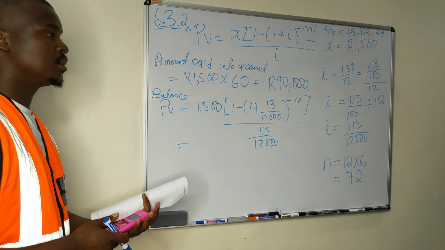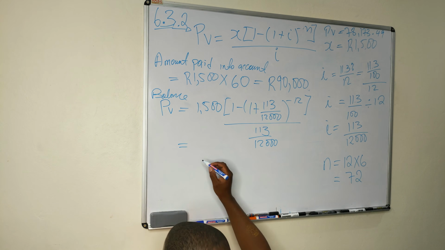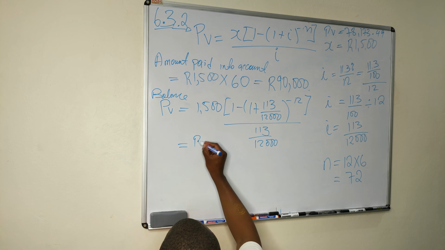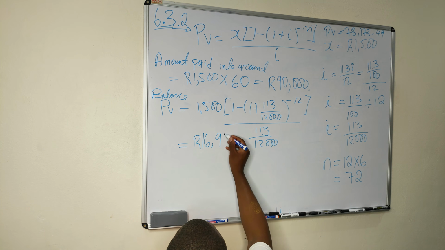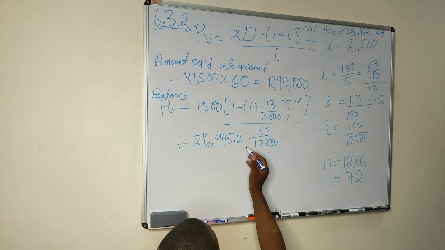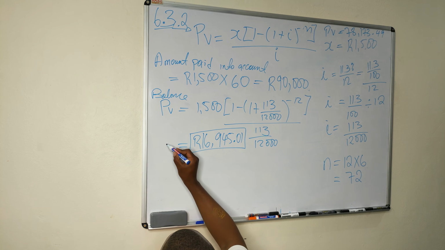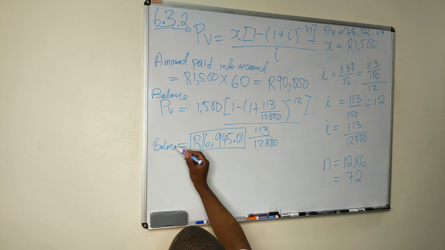So the balance of the loan at year number 5 is 16,945 rands 1 cent. This is the amount. This is the balance of the loan at the end of year number 5.